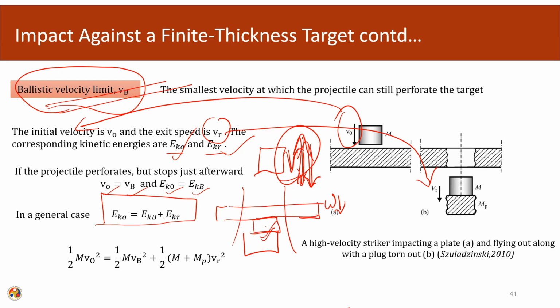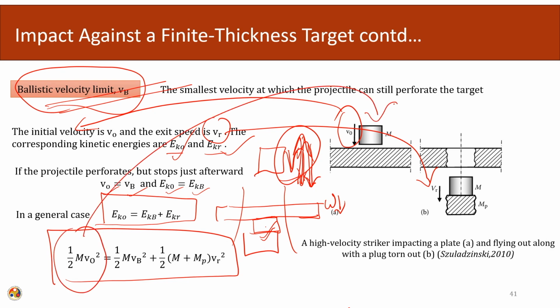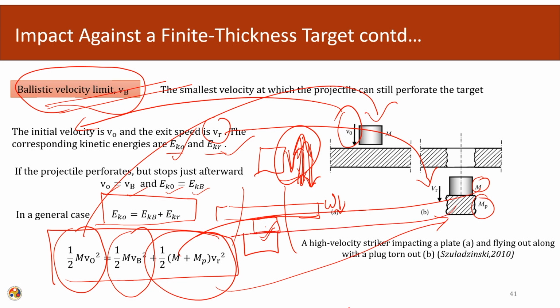This is the energy balance that we are writing out. This corresponds to the total energy of the initial impactor, and this corresponds to the final one, when it comes out as a combination of Mp and M. So, this is the total energy balance.